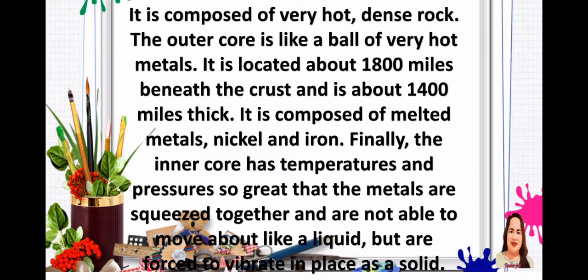It is composed of melted metals, nickel, and iron. Finally, the inner core has temperatures and pressures so great that the metals are squeezed together and are not able to move about like a liquid, but are sometimes in a place as a solid.